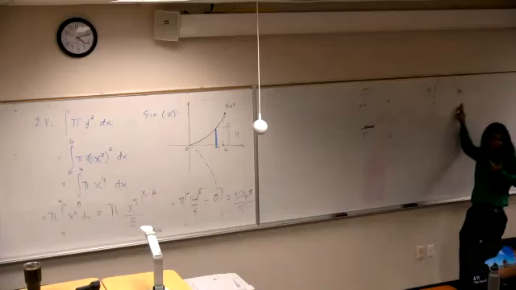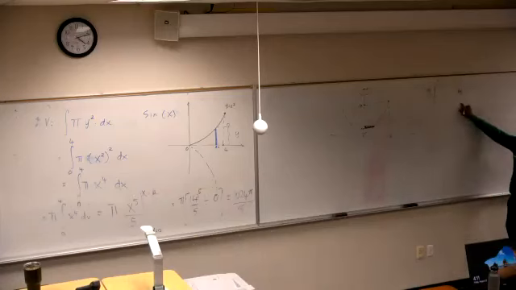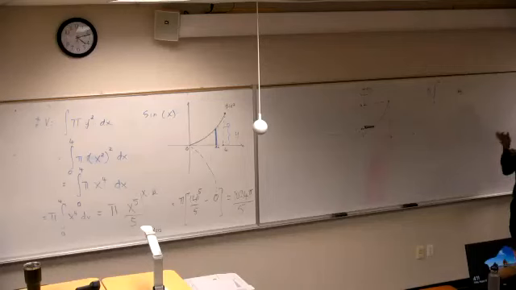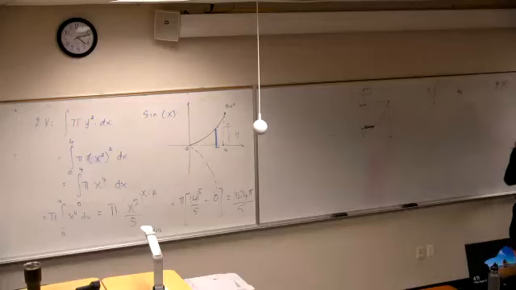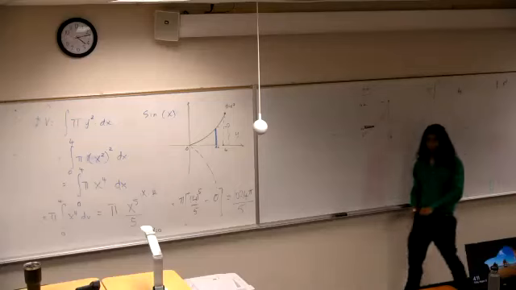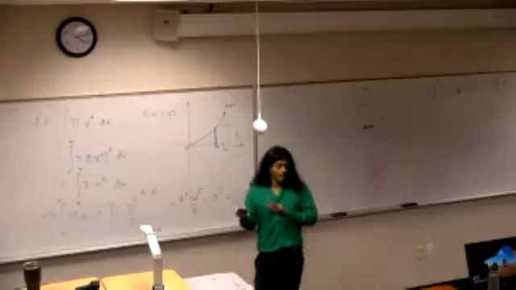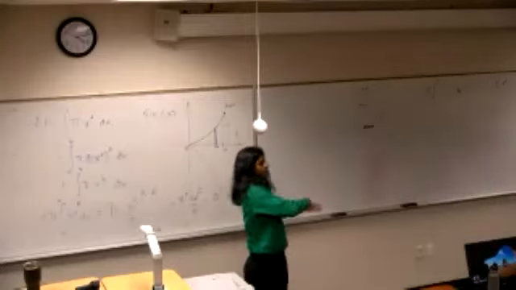This is an easier way to remember things. If you are integrating with respect to y, whatever function you have in the integral has to be a function of y. Do you agree? Yes? I have y equals x squared. y is a function of x. If that relation is one-to-one, which it is, how can you write x as a function of y?